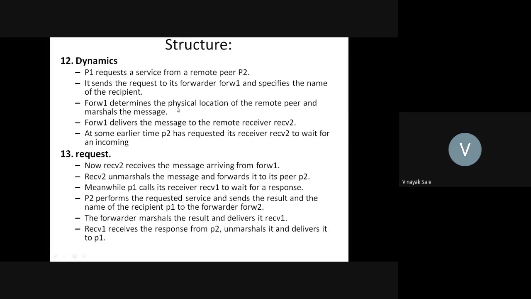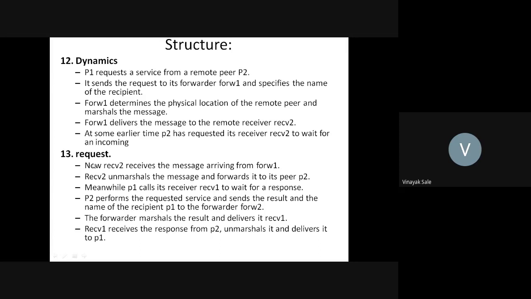Forwarder 1 determines the physical location of the remote peer and marshals the message. Forwarder 1 delivers the message to the remote receiver 2. At some earlier time, peer 2 has requested its receiver 2 to wait for an incoming message. This is the concept of dynamics.